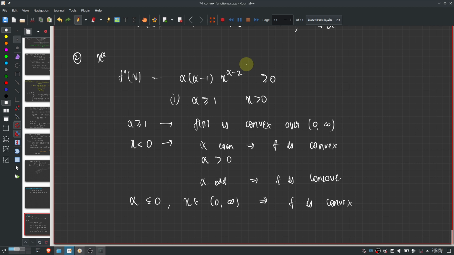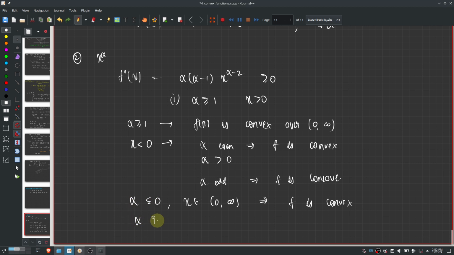For odd values of alpha, so what? Sure. Okay. But x is greater than 0, right? Correct. So now if we assume again integer values of alpha, correct?